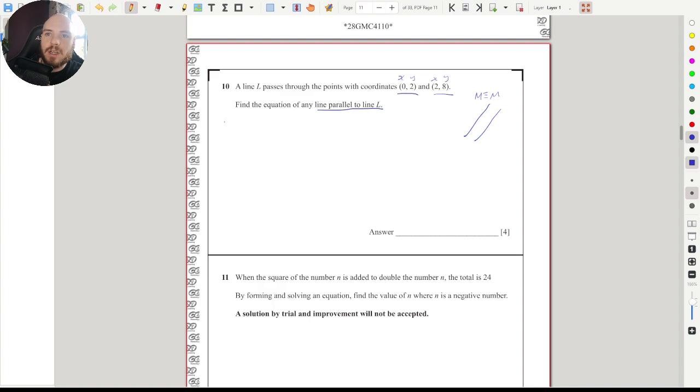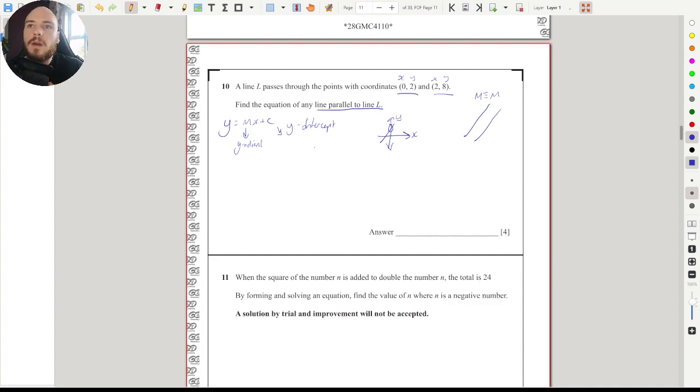If we look at our general y = mx + c, which is just our general equation of a straight line, m represents gradient always, and c represents what's called the y-intercept. So that's where it cuts the y-axis. For example, if I have x, y and my line, that's where my line cuts the y-axis there. That would be my y-intercept, just for explanation purposes.